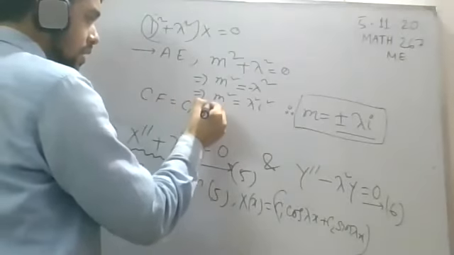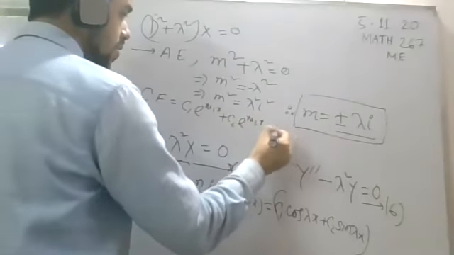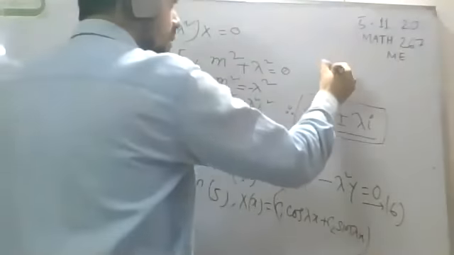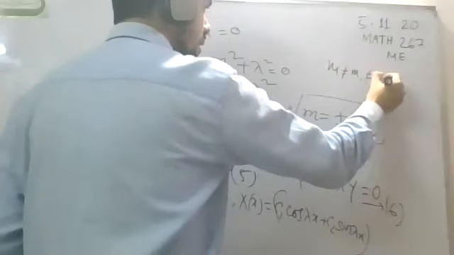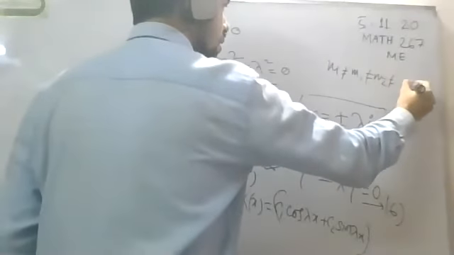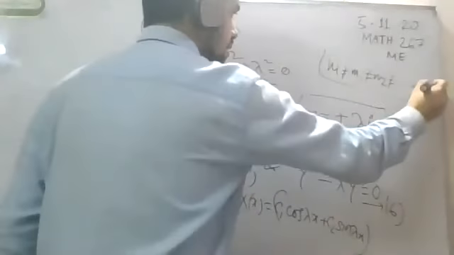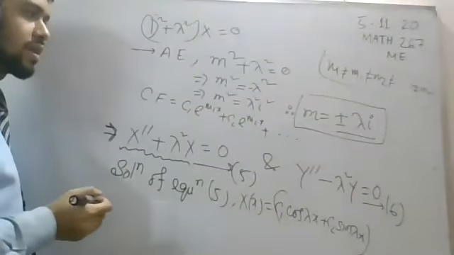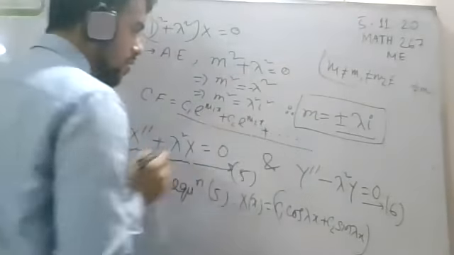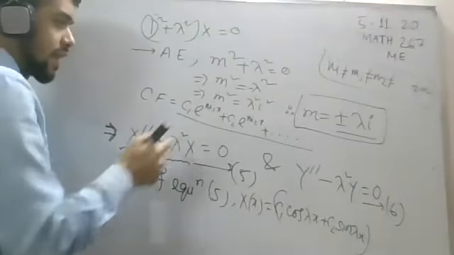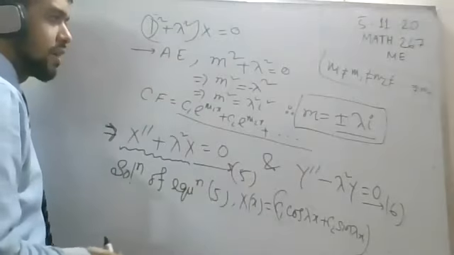C1 e to the power m1x plus C2 e to the power m2x plus... Okay, that means if m is real, m1, m2, m, all the roots are real and not equal. That means those are distinct roots. So for distinct roots, you have to write down your complementary function like that: C1 e to the power m1x plus C2 e to the power m2x, and so on.